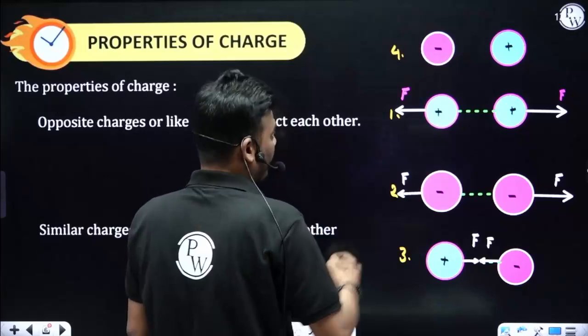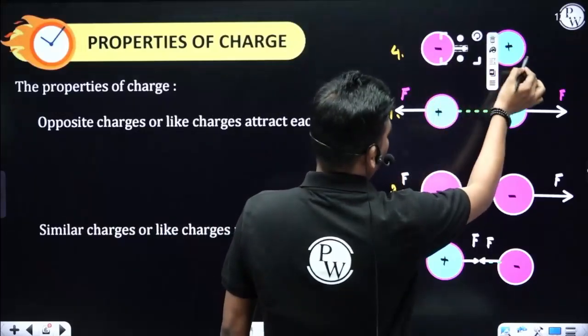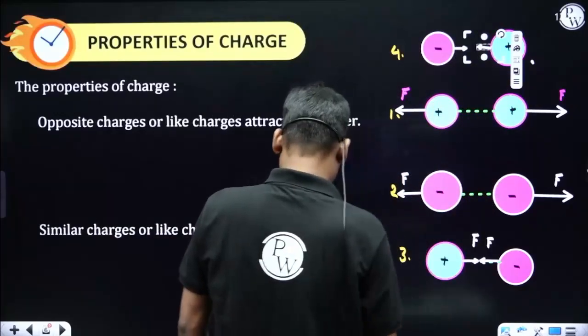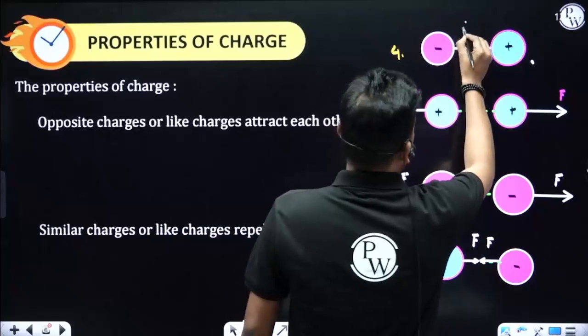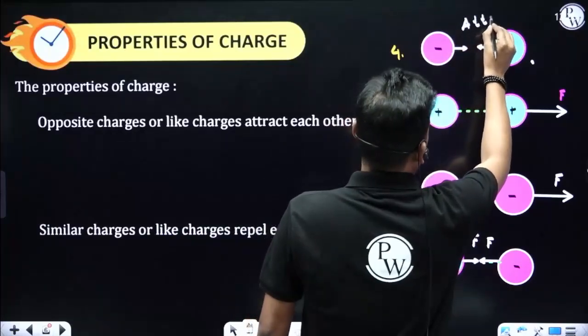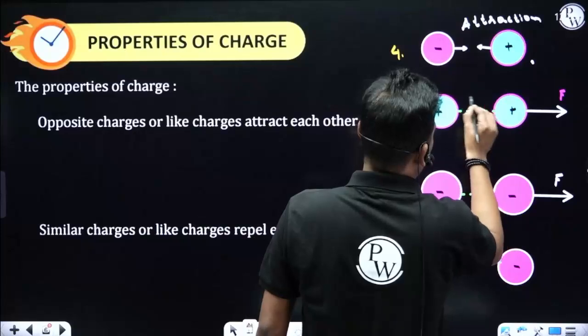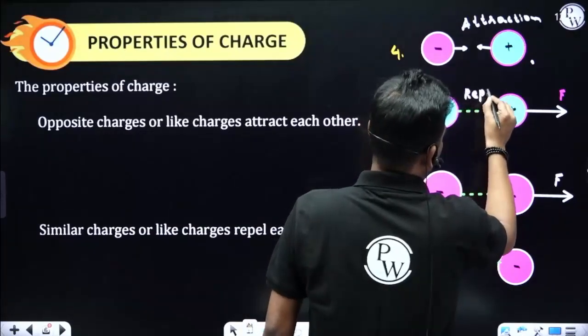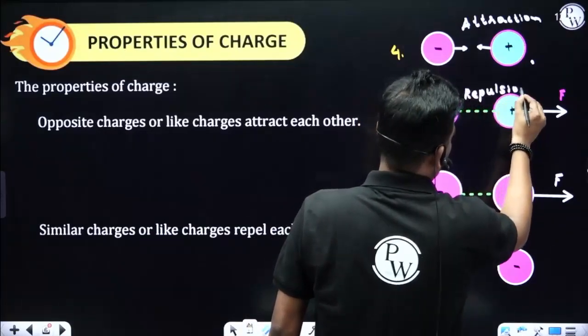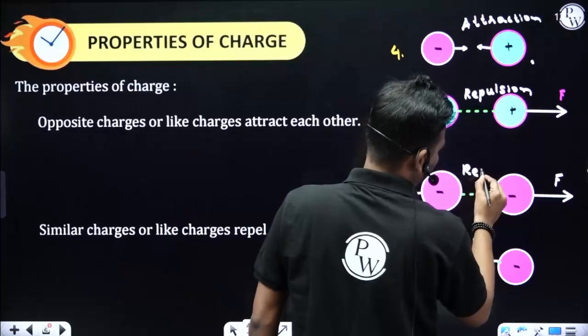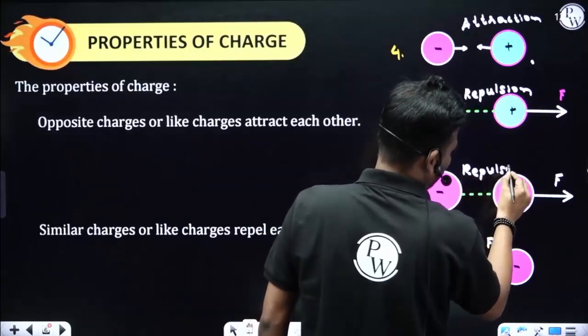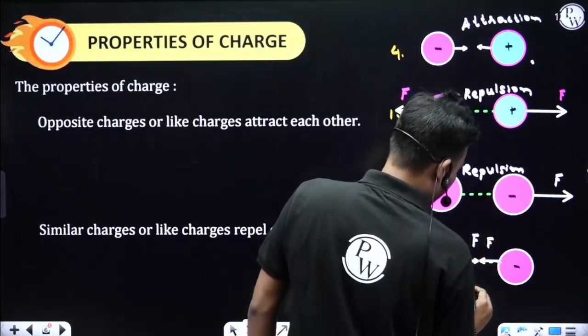In the same way, the fourth case. What type of force is this? Attraction. And here repulsion, and here again repulsion, and here again repulsion, and here attraction.